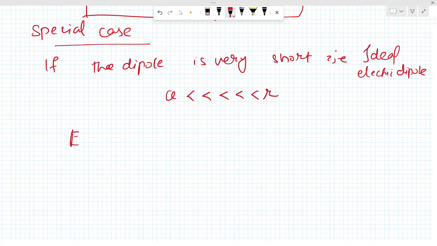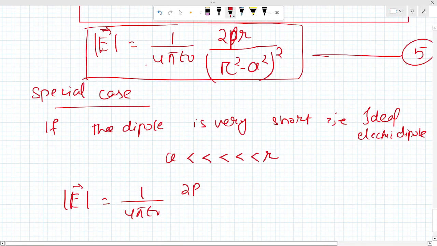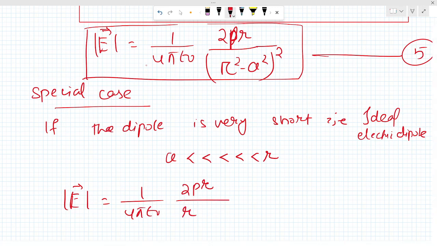So E vector becomes 1 by 4 pi epsilon naught 2pr divided by r square minus a square whole square.